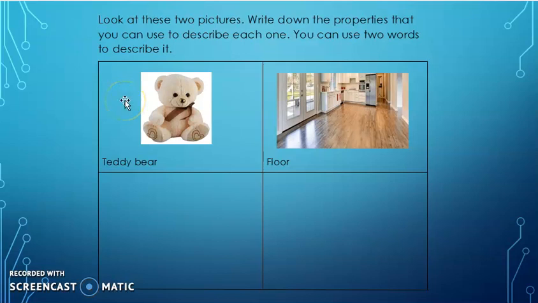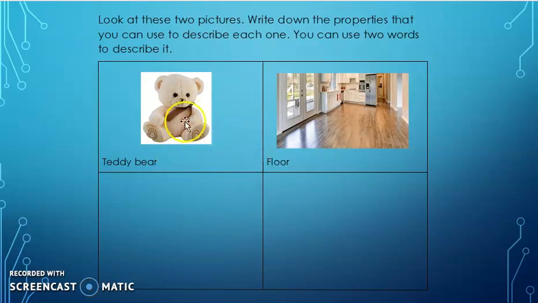So this time, I want you to look at these 2 pictures here. Write down the properties that you can use to describe each one. You can use 2 words to describe it. So in doing this, you can pause our video maybe for 3 minutes, and then you can continue answering the next activity.